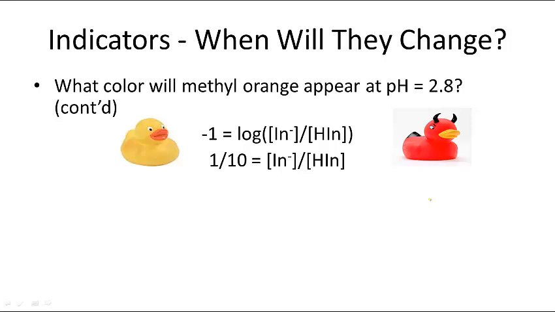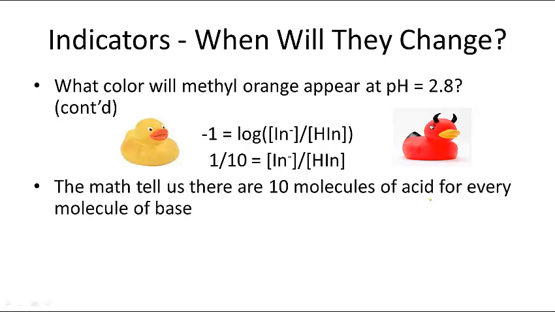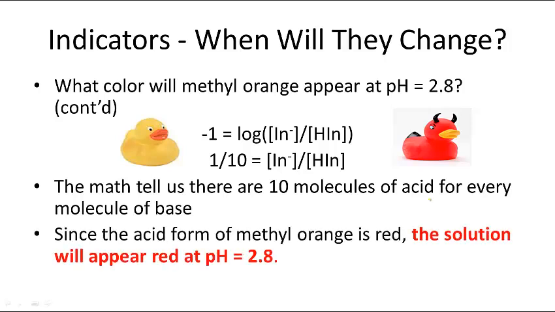Red rubber duckies or yellow rubber duckies? Red, by a factor of 10 to 1. If you zoom out and look at the solution, what are you going to see? Red. So at a pH of 2.8, there's going to be 10 times more red molecules than yellow molecules.